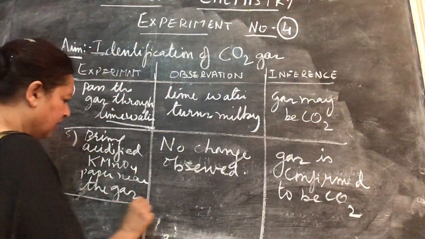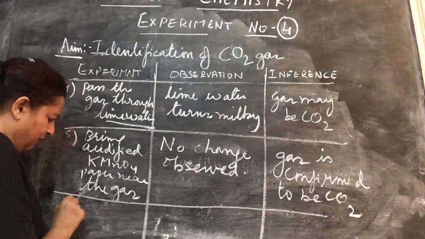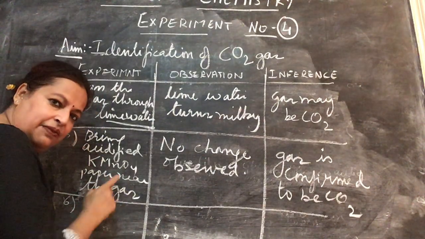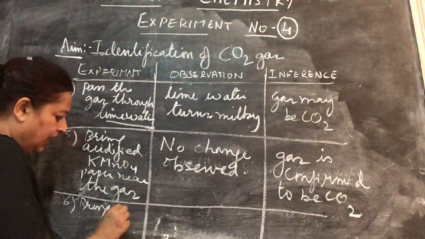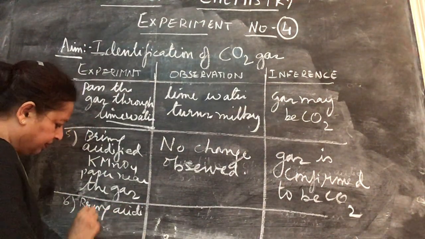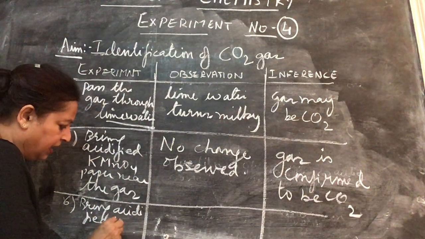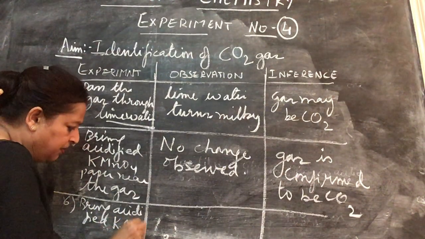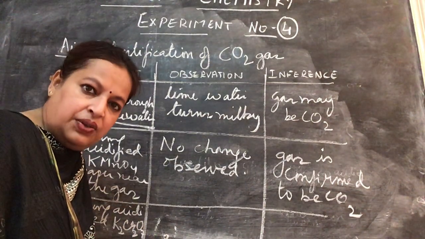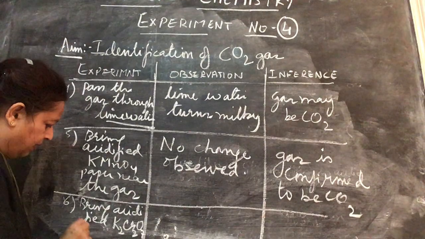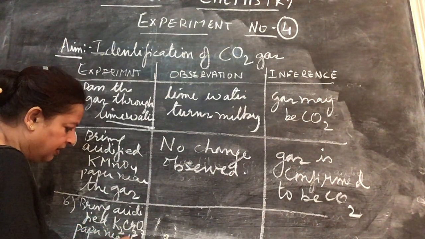Now, either this or the sixth one. For confirmation, we can write any one of these two. So the other one is, bring again acidified K2Cr2O7, potassium dichromate, paper near the gas.